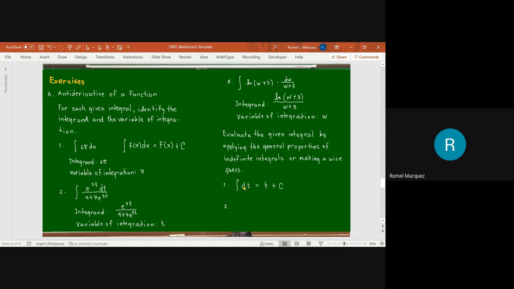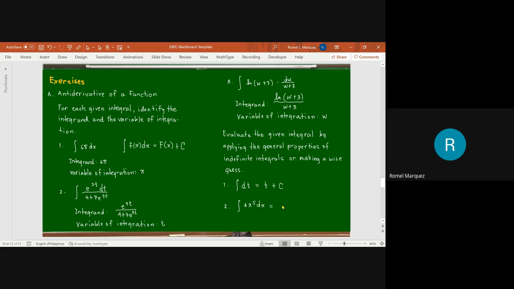What is that function, if I get the derivative, I will get 4x to the fifth? Let me change it so that it will be easier: 4x cubed. What is that function? If I get the derivative, I will get 4x cubed.